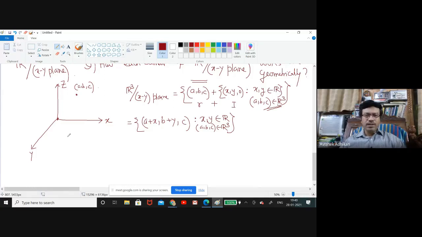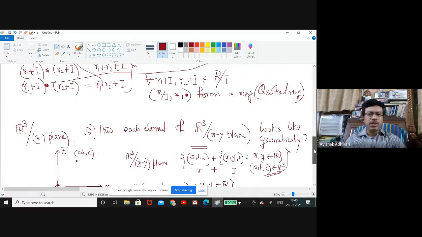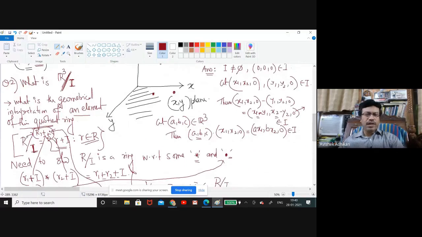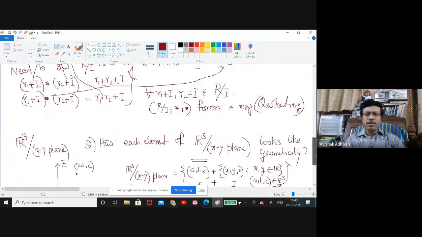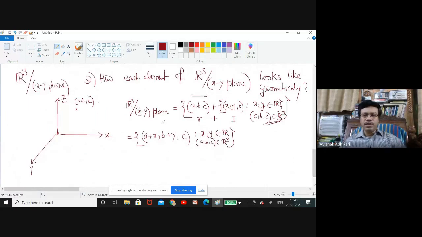Now if I consider only one element here, how does one element of this quotient ring look? One element of this should look like R plus I, right? So here also one element of this ring should look like some, say, alpha, beta, gamma plus this XY plane.